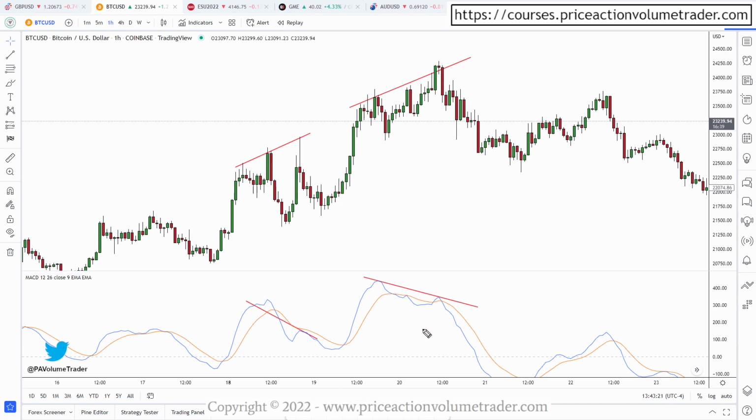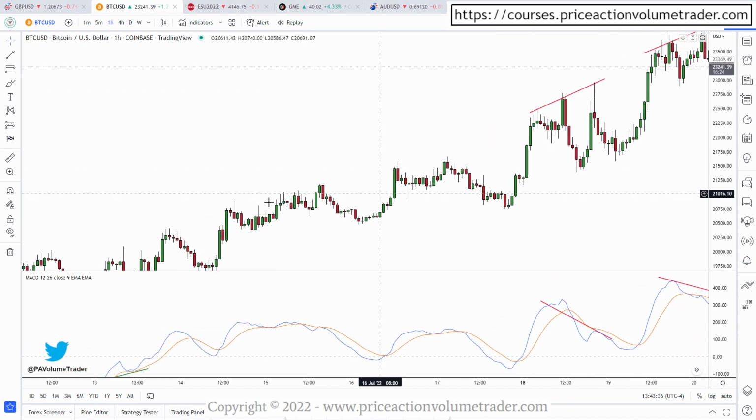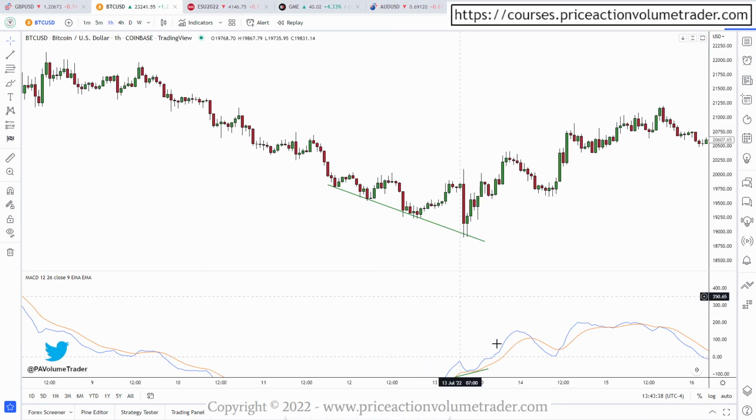So you don't even have to have the MACD on at all times on your screen. You can just bring it up when you identify a triple impulse, just to see if the momentum is waning in that market. Let's see other examples.